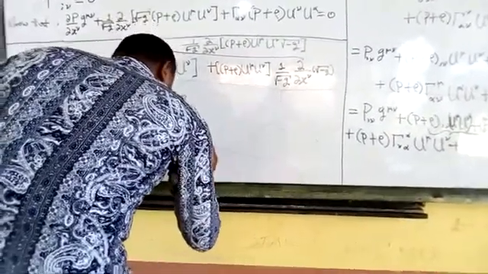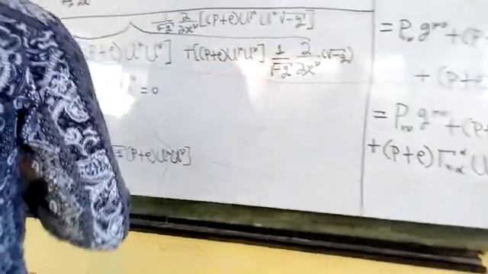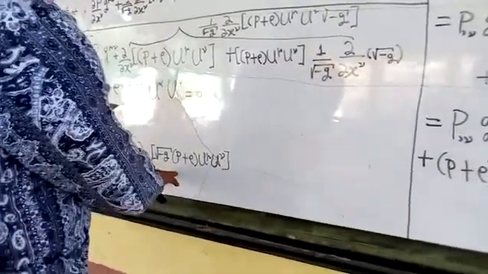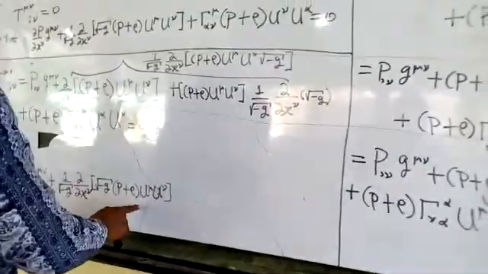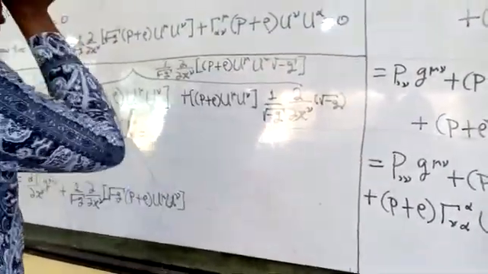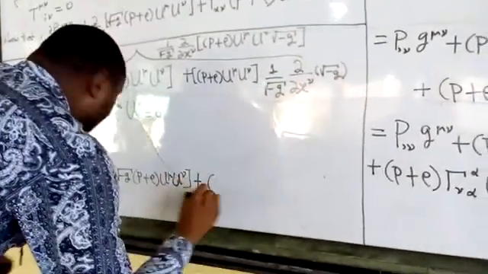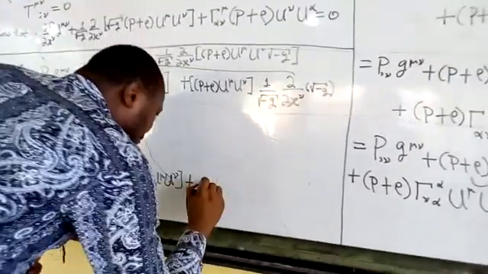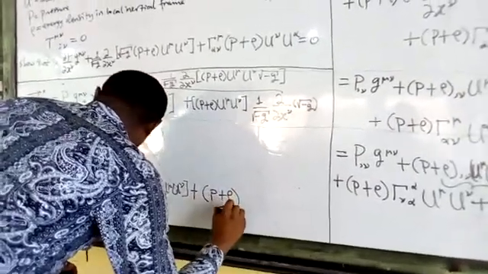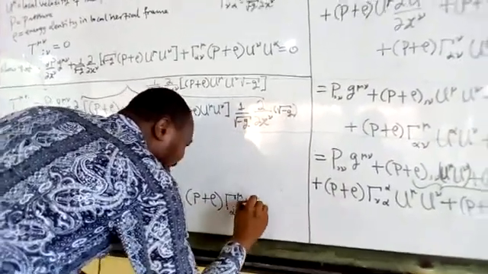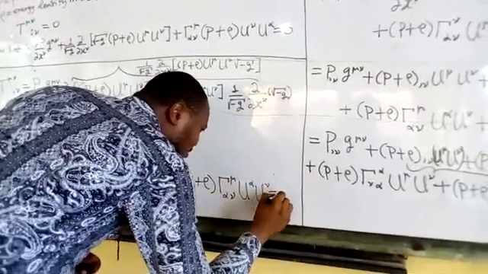And of course, this is what it should be. Yes, we're trying to make some connection and making sure that this is all true. Multiplied by that, so I just simply brought this in front here. And plus, my brackets are running out, plus p plus here rho gamma of mu alpha nu u alpha u nu, and this is all equal to 0.